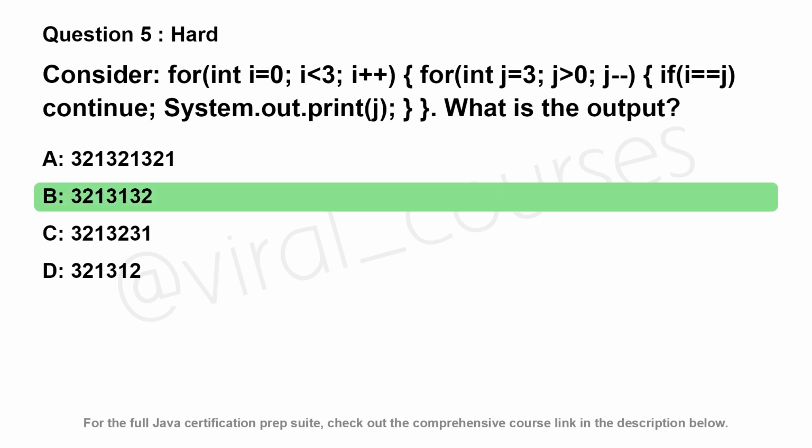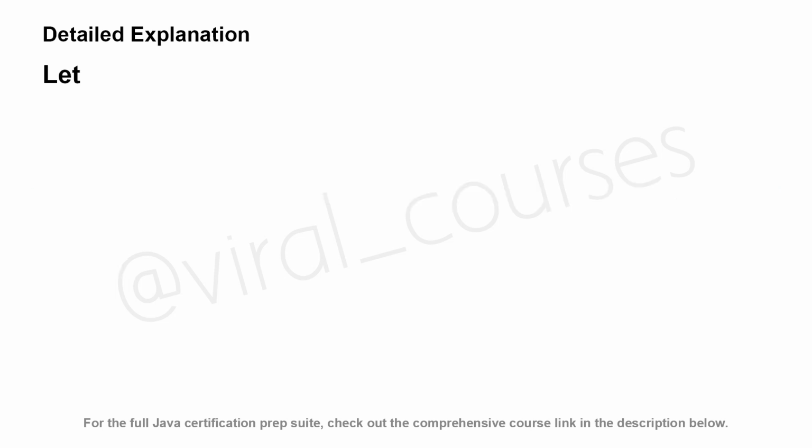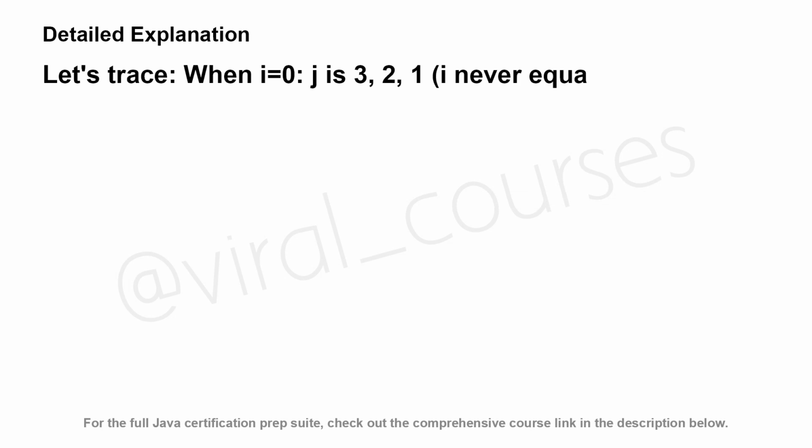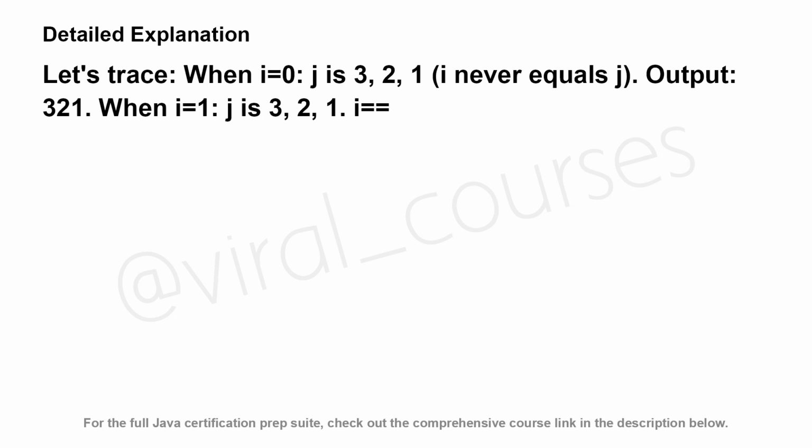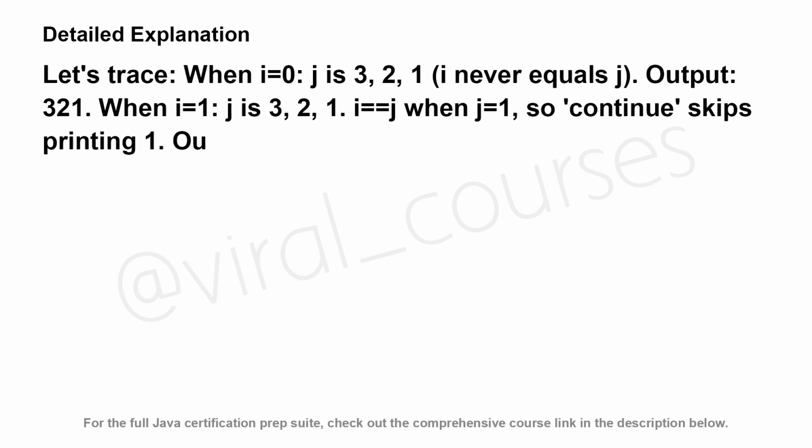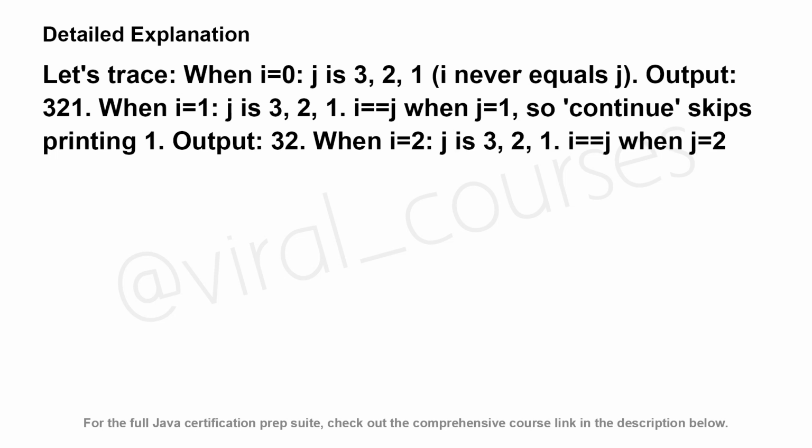The correct answer is B. Let's trace. When i equals 0, j is 3, 2, 1. i never equals j. Output 321. When i equals 1, j is 3, 2, 1. i equals j when j equals 1. So continue skips printing 1. Output 32. When i equals 2, j is 3, 2, 1. i equals j when j equals 2. So continue skips printing 2.